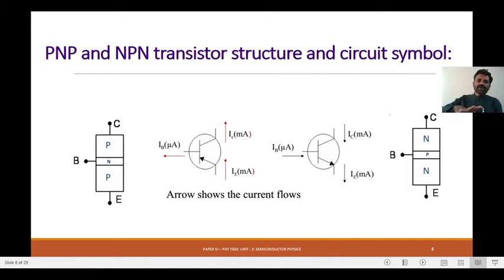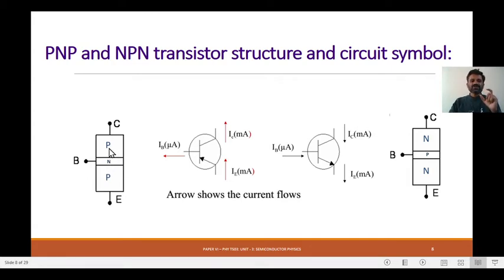You have to stop a current. How can you stop that? By applying recombination, by removing the charge carriers. How do you remove that? By recombining the opposite type of charge carriers. By recombining them, you can control the large number of charges which are flowing to the collector. And its thickness is very, very thin.